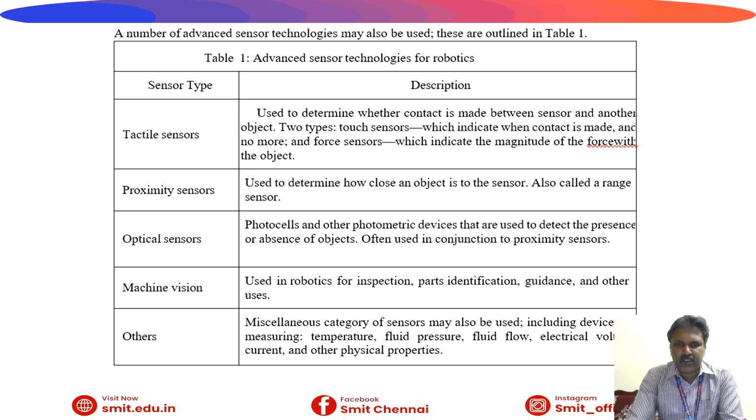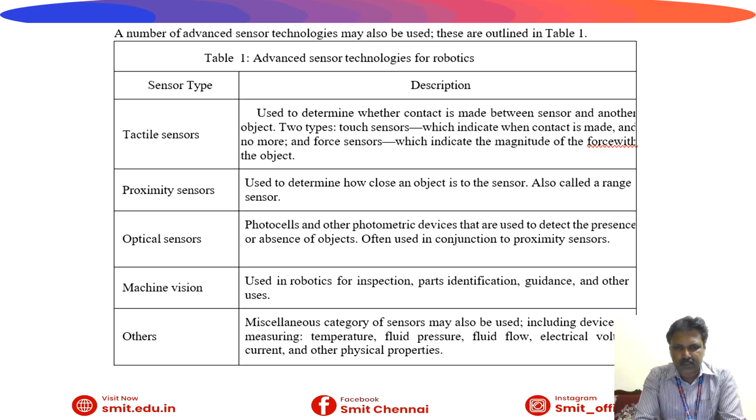Then proximity sensors, used to determine how close an object is to the sensor, also called range sensors. Then optical sensors: photocells and other photometric devices that can be used to detect the presence or absence of objects, often used in conjunction with proximity sensors.